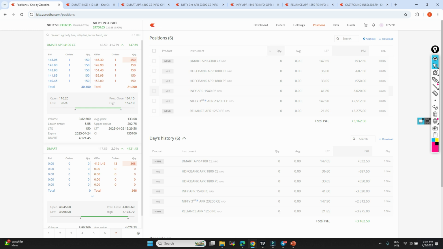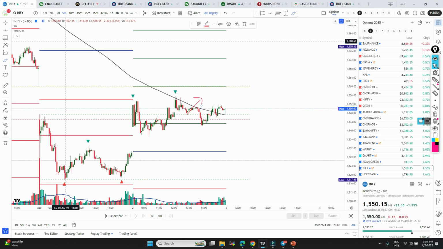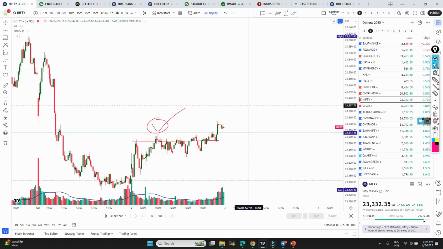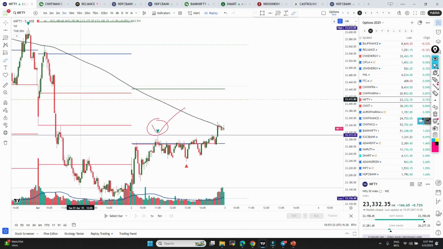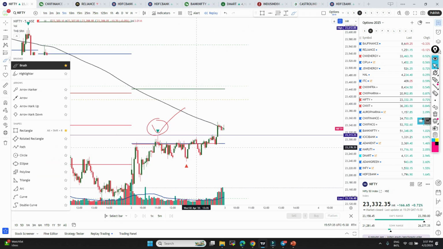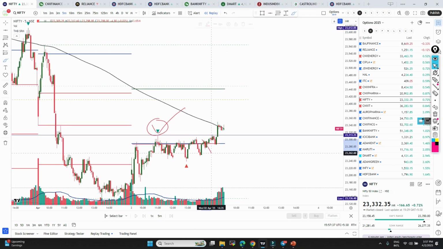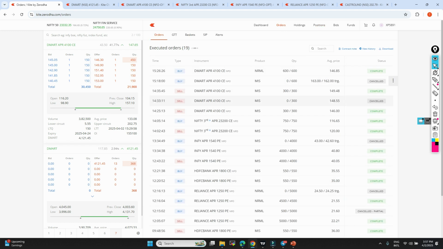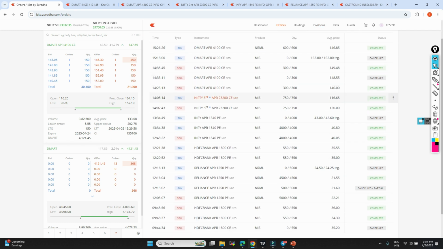So one scalping trade I attempted on the Nifty. Just 4 5 points I wanted to capture.